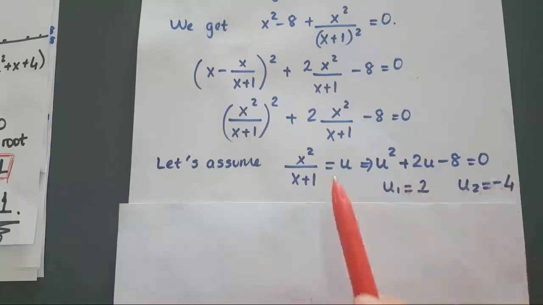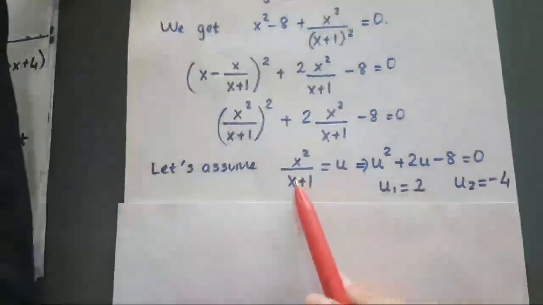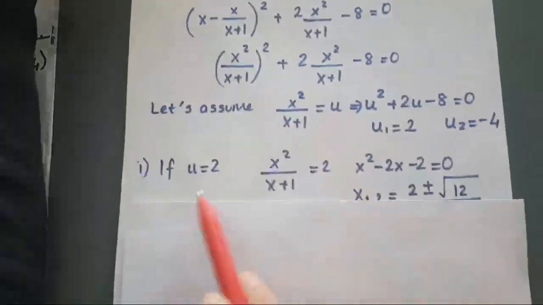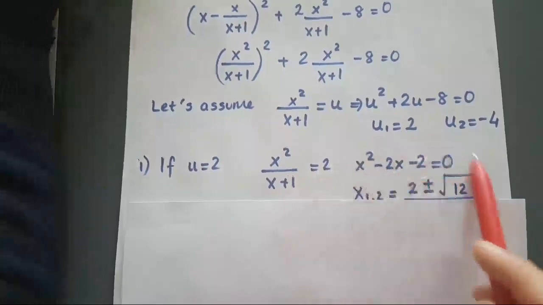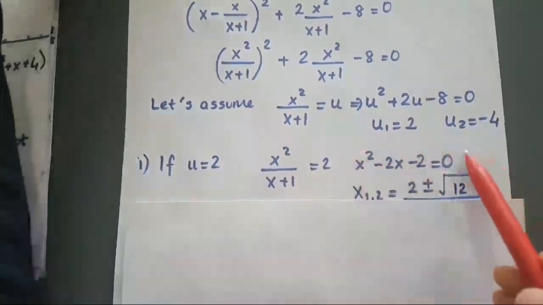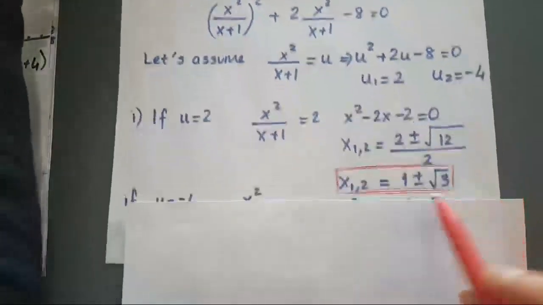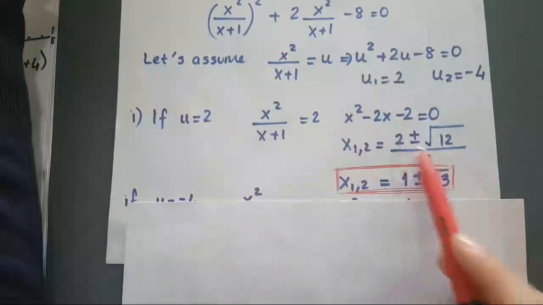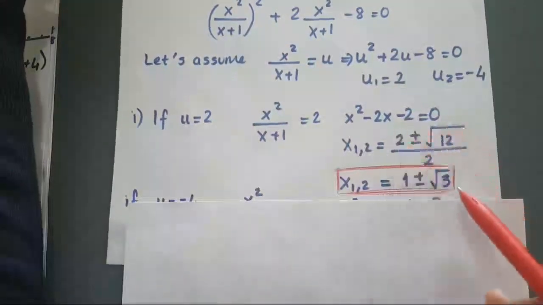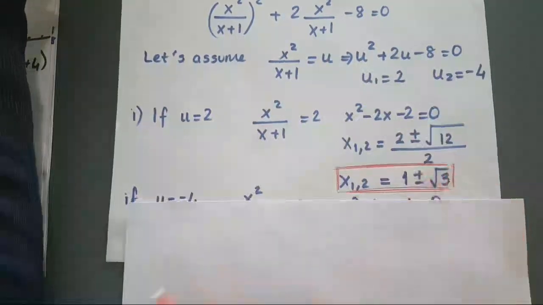If u is 2, then we go back. If u is 2, x squared over x plus 1 is 2. Write the quadratic equation. When you solve it, you will get 1 plus or minus root 3. Here I just applied the quadratic formula. After simplifying, I got 1 plus or minus root 3.